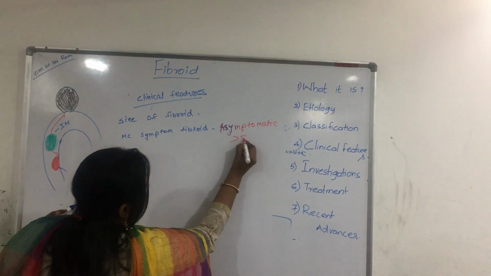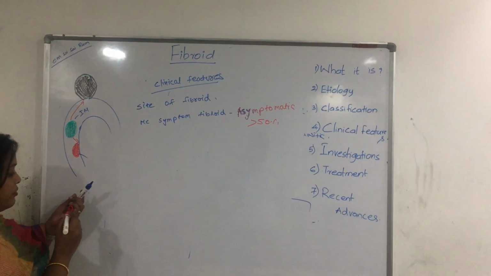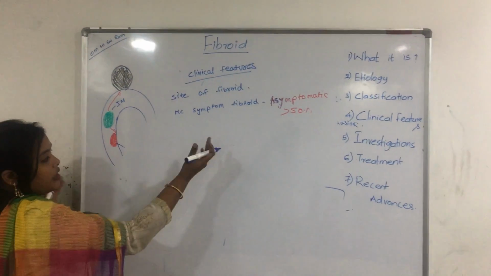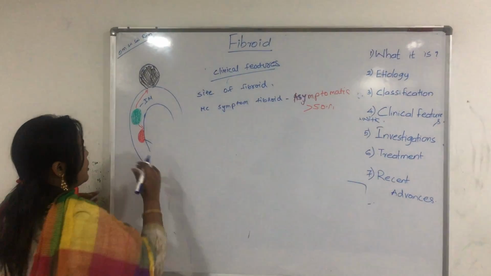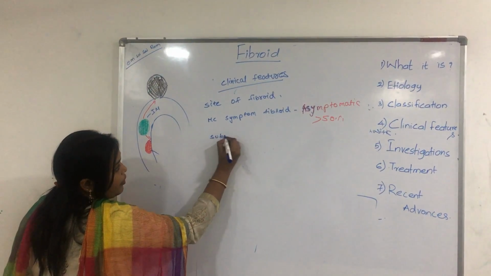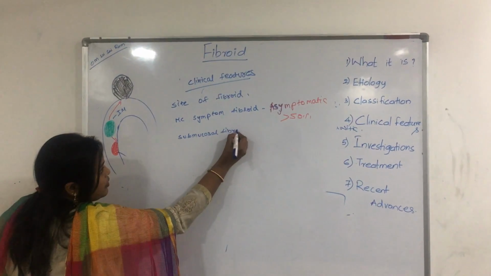More than 50% of them are asymptomatic. Okay? Then what are the symptoms with which the patients present with the fibroid? First is the submucous fibroid.